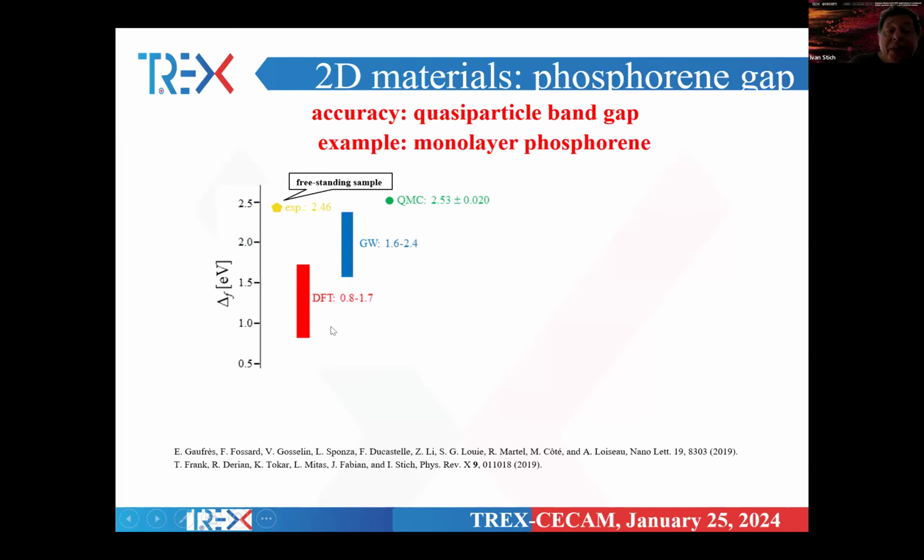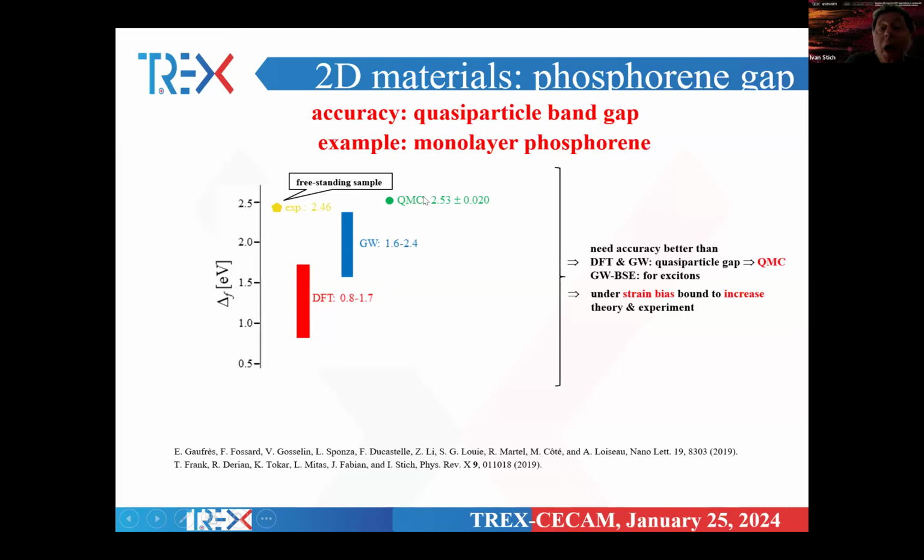These are the DFT results, which typically underestimate the gap, and these are the GW results, where you would expect them to be very close to the experiment, but yet there is a very large spread. And this is our best QMC result, which is almost within chemical accuracy of the experiment, because we do not have any vibronic effects included, which would lower the value of the band gap.